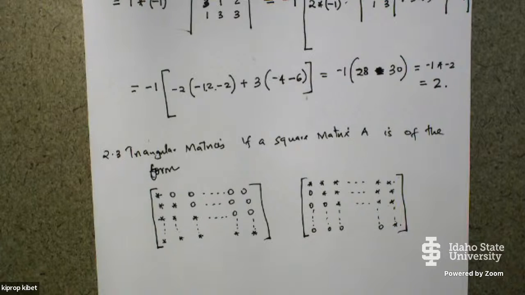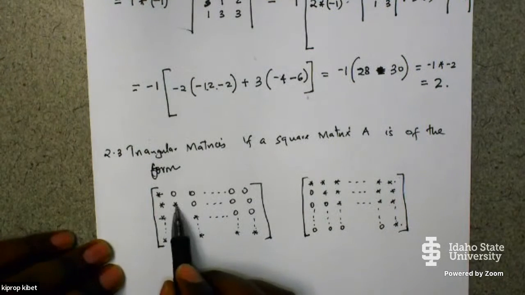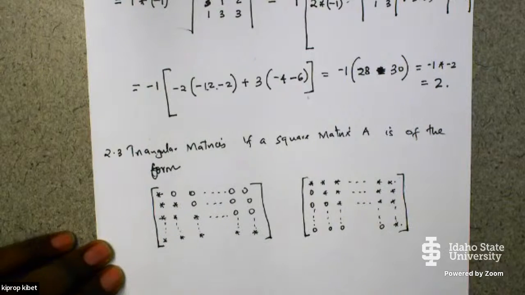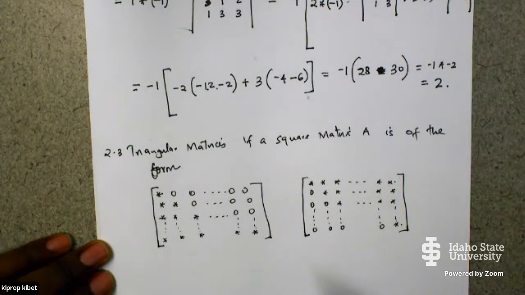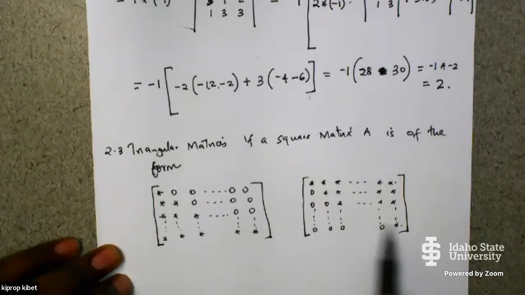So to get a determinant here, what we do is we multiply the leading diagonals. We multiply this one, this one, this one, this one, and that, because the others are zero. So the ones which are along the leading diagonal, we multiply them.